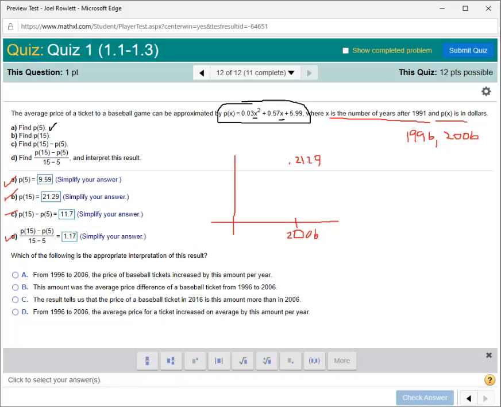And P of 5, which we said is 1996, that's just 10 years earlier. The average price for a baseball game back then would be P of 5, and that would be $9.59. So pretty good increase there.